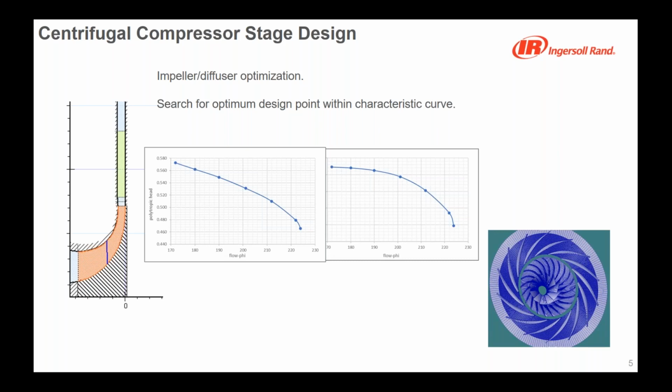This is one of the most simplified topics you can have within the design of a centrifugal compressor. It's just the beginning, and then you can add a collector, seals, and volutes, and then you can start interacting from a stress point of view, and then you build the full machine.